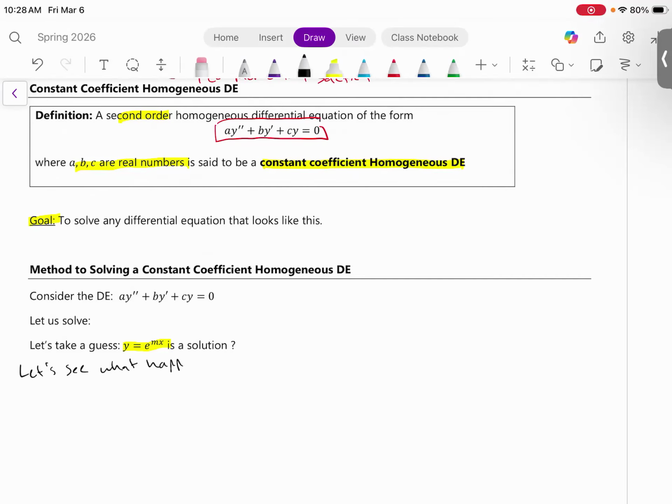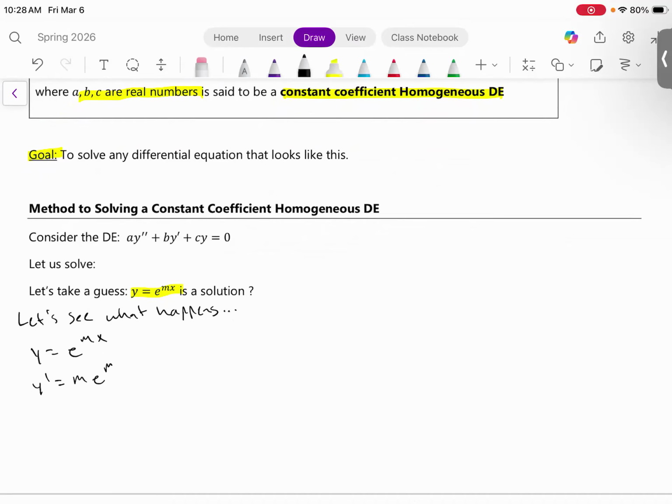So if I'm saying it's a solution, and I want to verify it's a solution, so I need to plug it into this differential equation. So there's a couple of things I need. I need its first derivative, and I need its second derivative. So its first derivative, using the chain rule, is m times e to the mx, and its second derivative, using the chain rule again, is m squared times e to the mx.